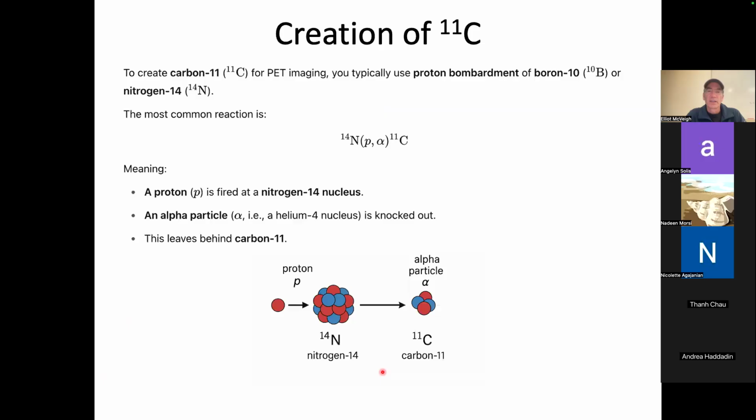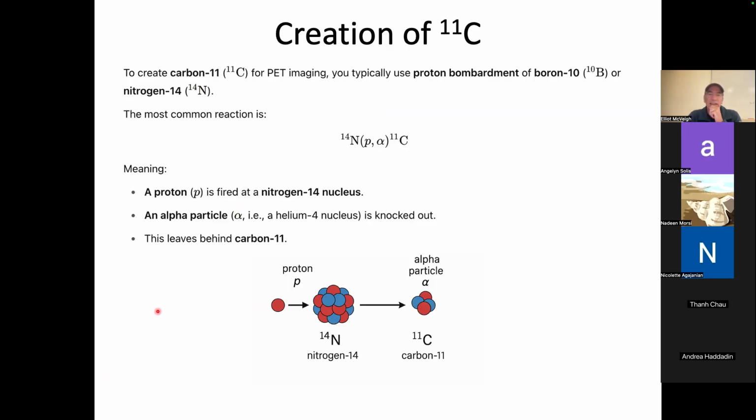So how do we, for any of these agents, we need to take a naturally occurring nucleus like nitrogen 14, and we want to come out with carbon 11, right? Which is radioactive. And so what happens in this machine here is we're going to bombard this nitrogen 14 with protons, okay?